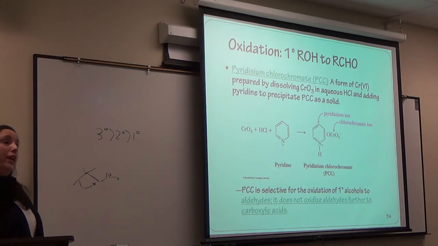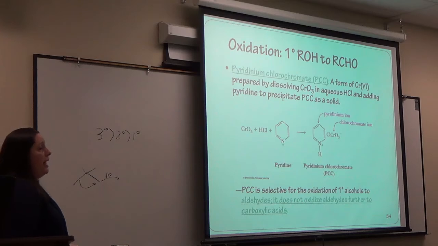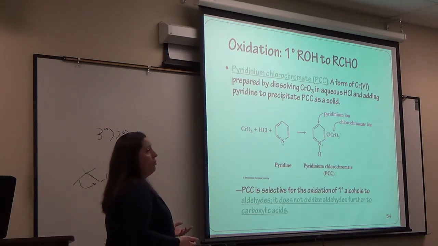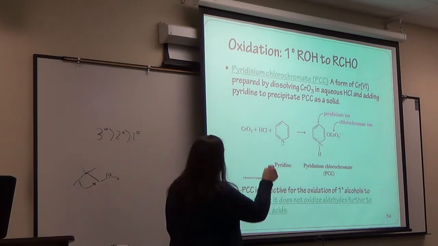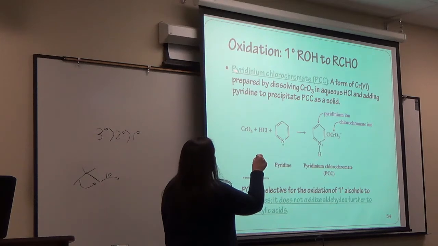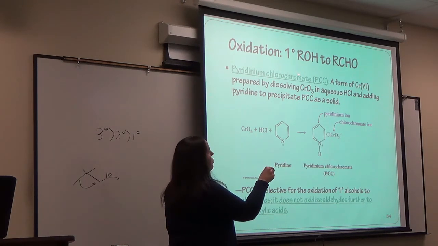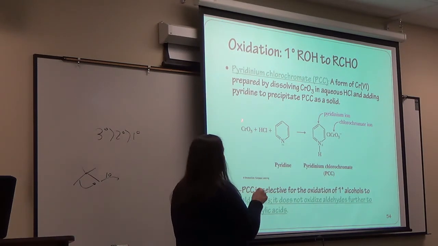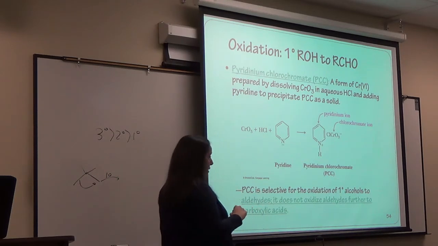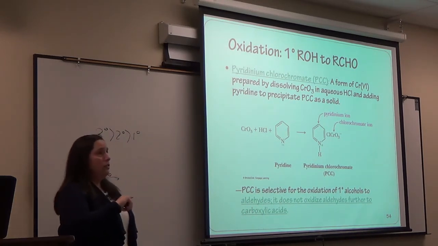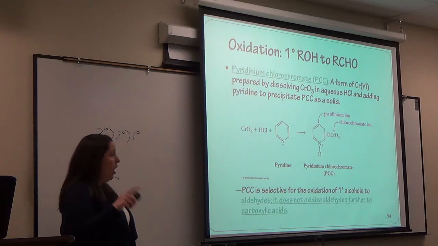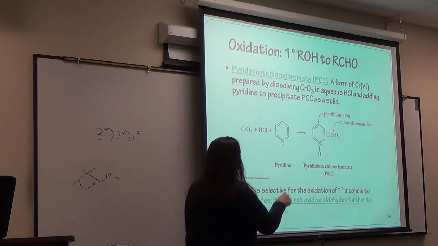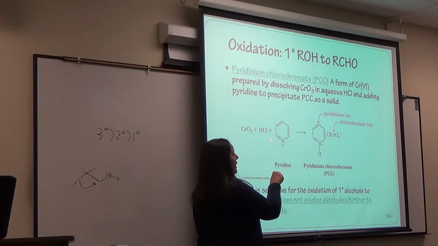So what if I want the aldehyde though, right? There is a mechanism for making aldehyde, but you cannot use chromic acid. You have to use PCC, or pyridinium chlorochromate. Okay, so you do form it also from that chromium 6 oxide, but what you're going to react it with is pyridine.